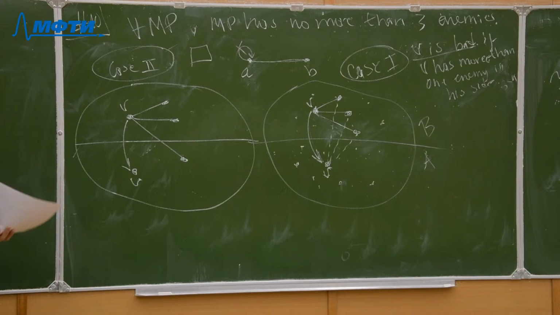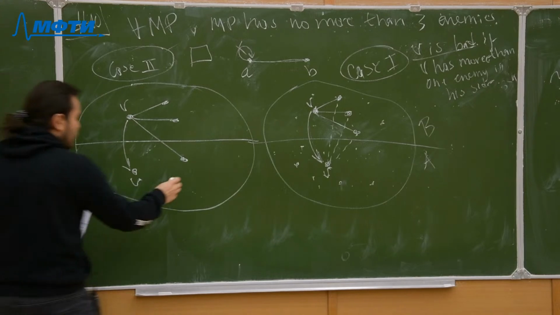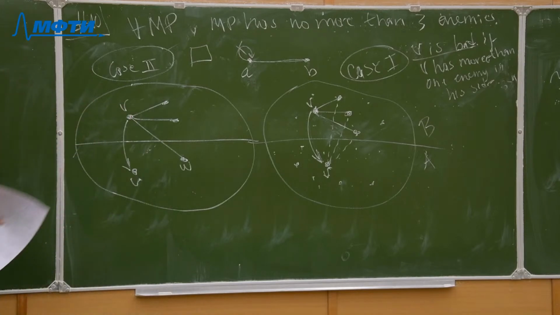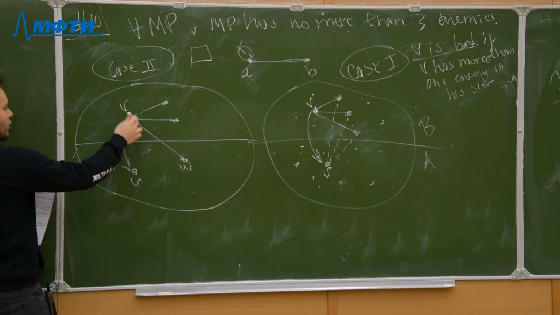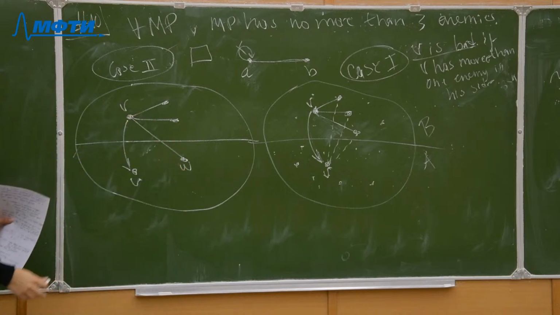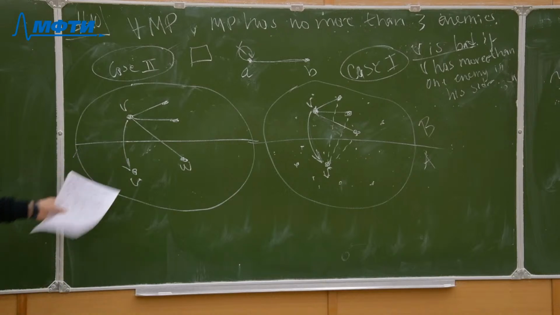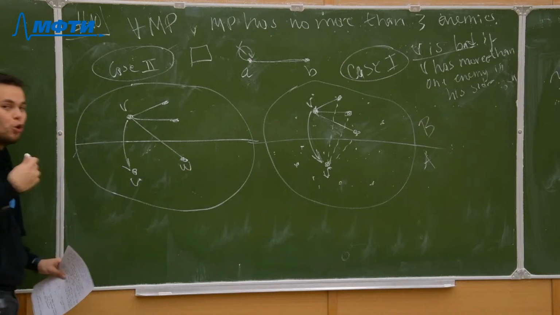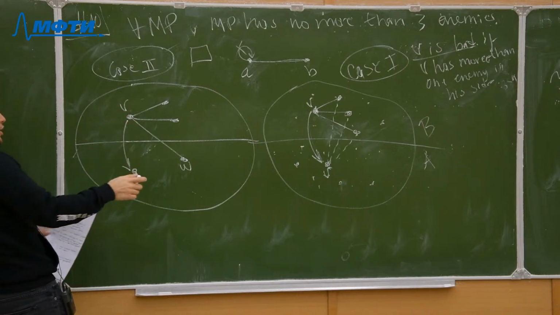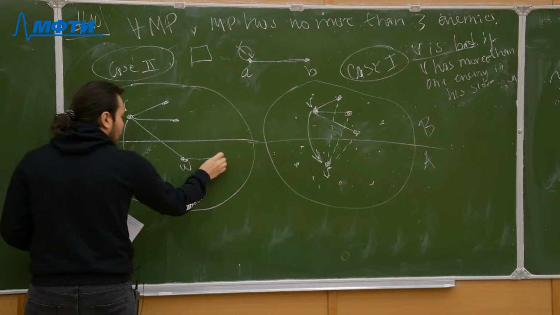And actually, we have two more cases. So let's call this W, right? And then one enemy of W is V. And what if we assume that W is good at the beginning? Then it has at most one enemy here. So it has, for example, this enemy.